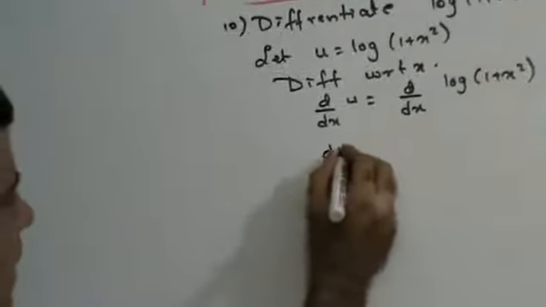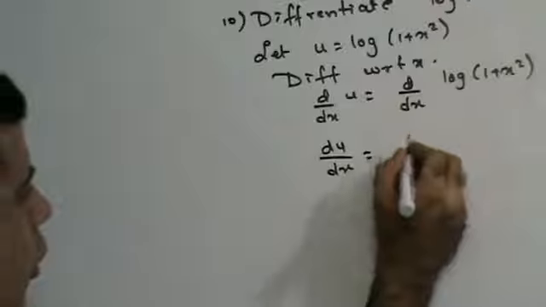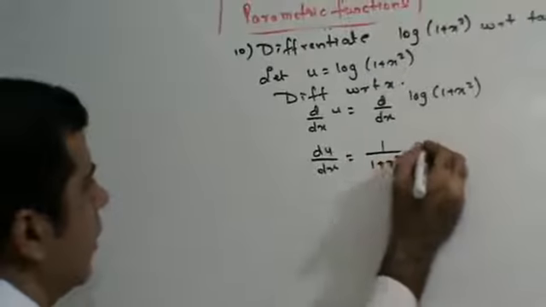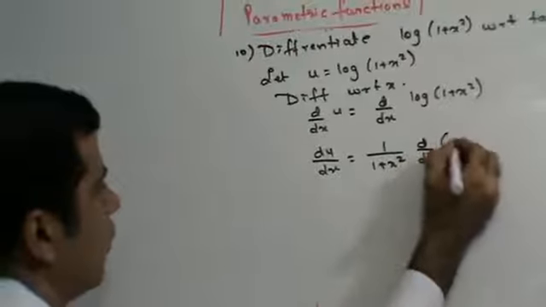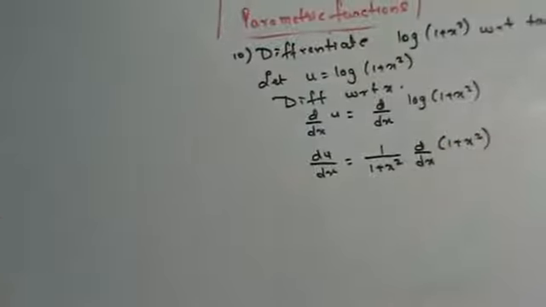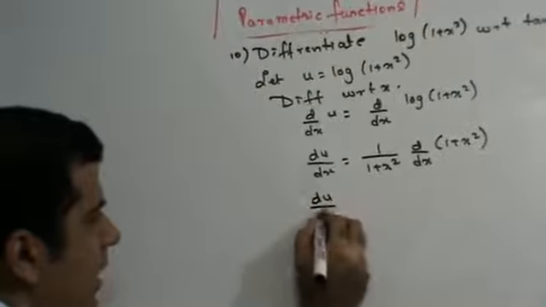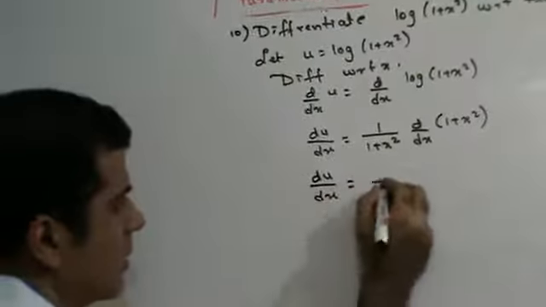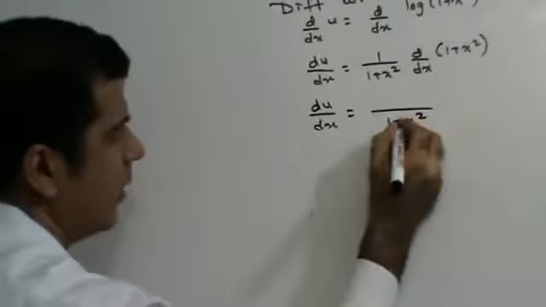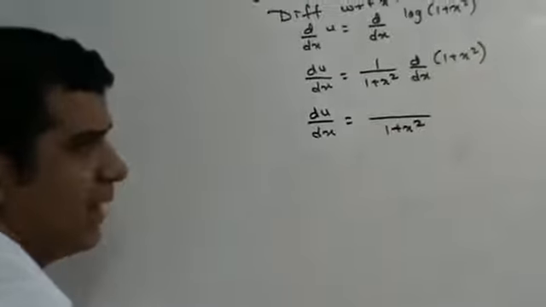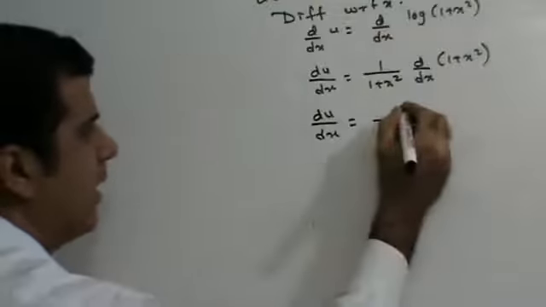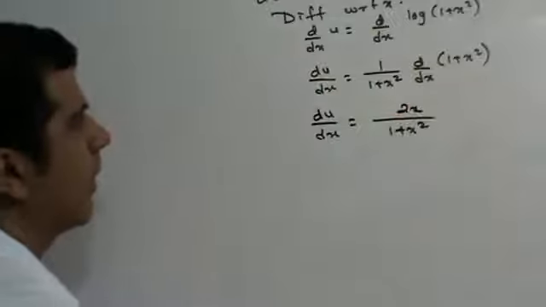So you will get du by dx, log u, 1 upon u, d by dx of u, right? So in which case you will get this as du by dx is 1 plus x square in the denominator, d by dx of 1 is 0 and d by dx of x square is 2x.